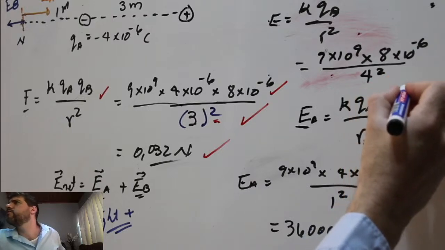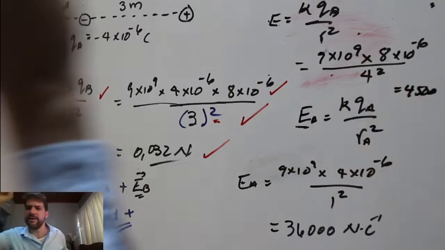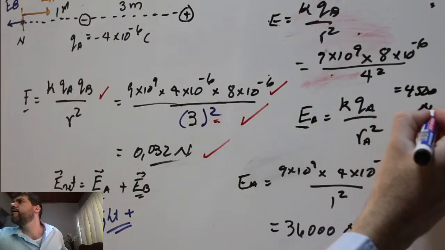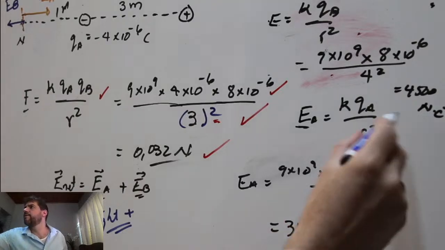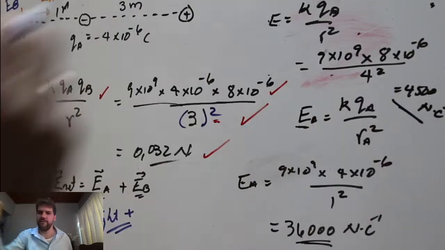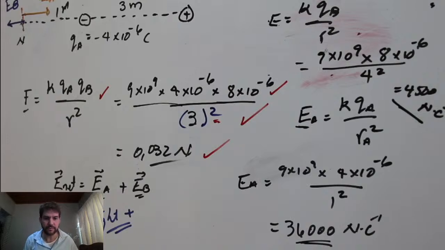This one is equal to 4,500 Newton per Coulomb. That is the answer. So these are the answers we have for each of them. Yes, 4,500. Thank you, Pilile.